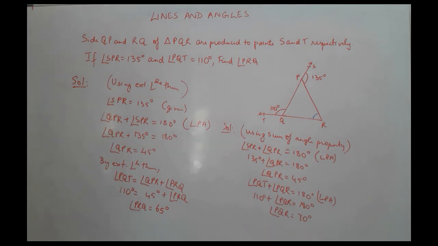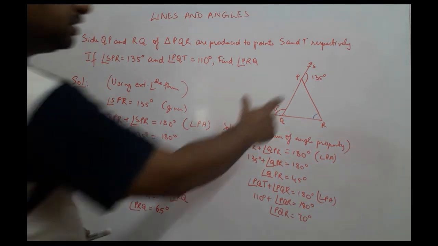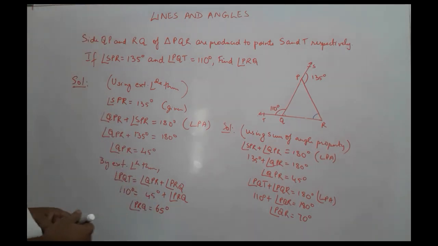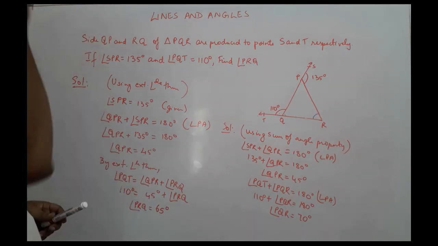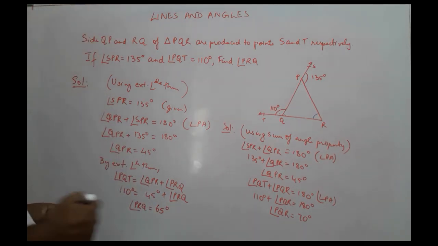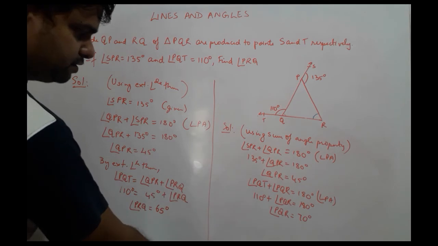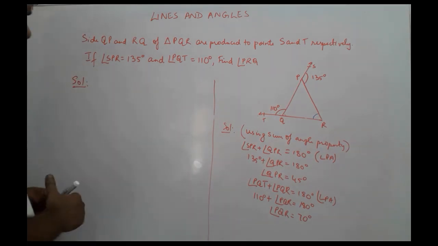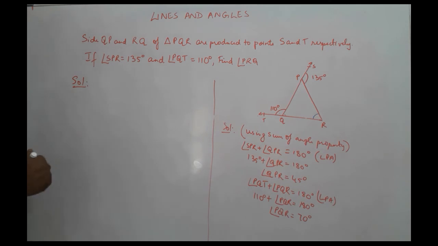Now we have found out this angle plus this angle, and we need to find out this. So we use the angle sum property to find out the rest. So I'll just draw a line over here. I've arranged the external angle theorem part over here, and I will continue from here to here.